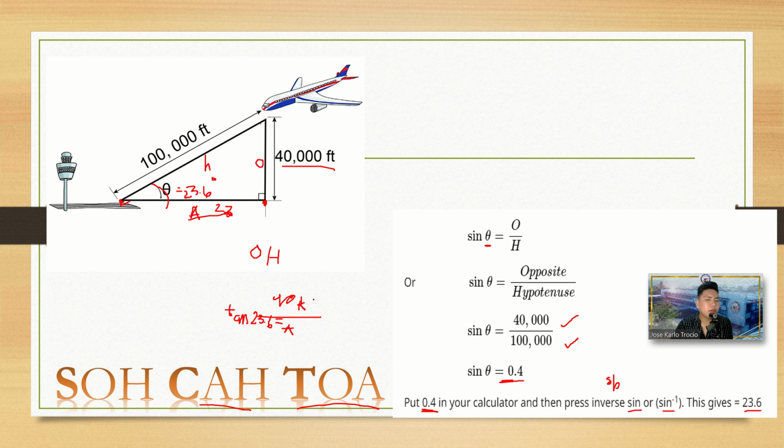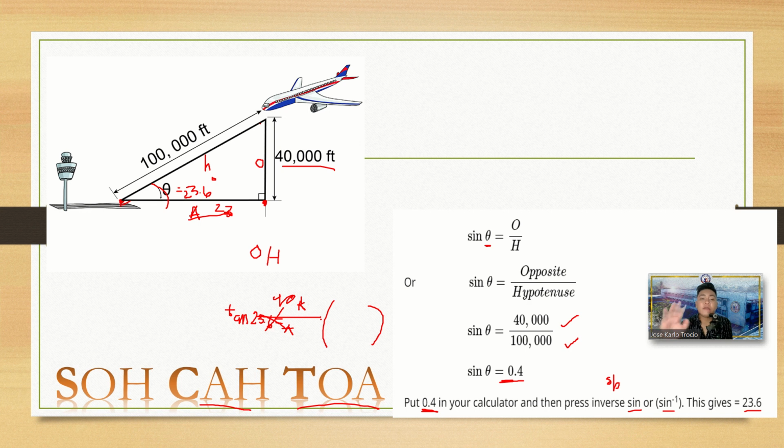So for you to find the adjacent, you need to multiply it. What do you call this one? The cross multiplication or whatsoever.